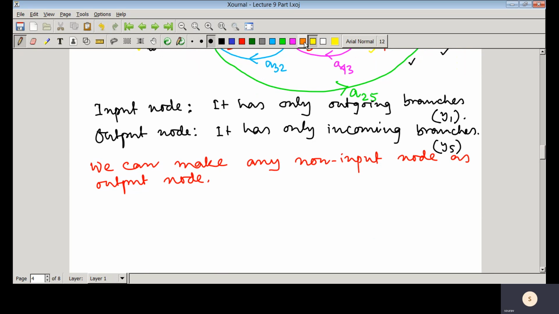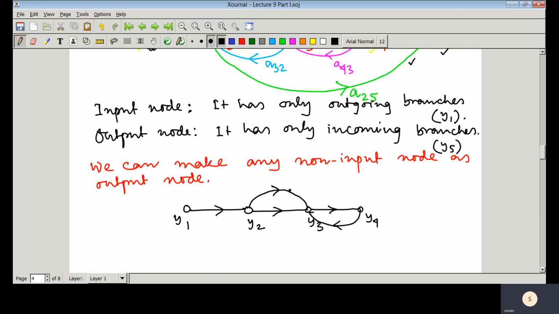So suppose you have one signal flow graph like this. Say in this case, suppose this is Y1, Y2, Y3 and Y4. So suppose signal is flowing like this, and this is the signal flow graph you have.